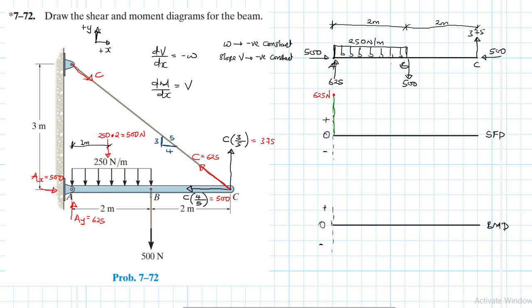So what we are going to do now is the subtraction. What does 625 minus 250, converted to an equivalent force times 2, give us? Let's grab our calculator. 625 minus 250 times 2 gives us 125 newtons, just like we expected at B. Let's imagine this is 125.